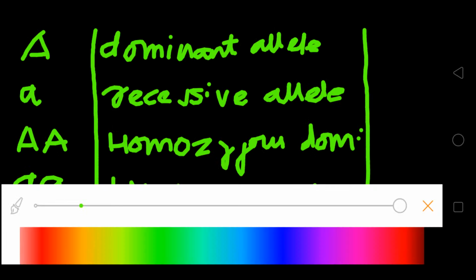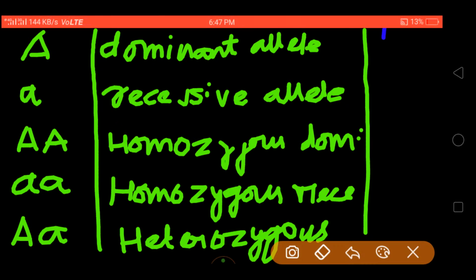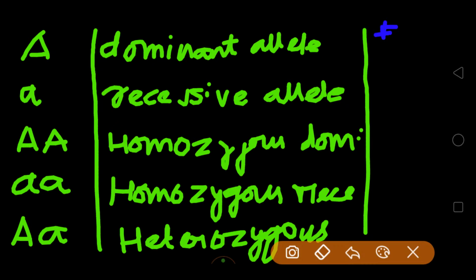Now we are going to represent its frequency. For the dominant allele, the frequency is represented as small p. For the recessive allele, the frequency is represented as q.